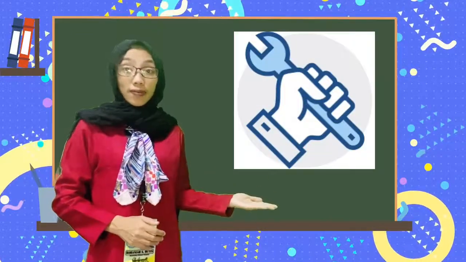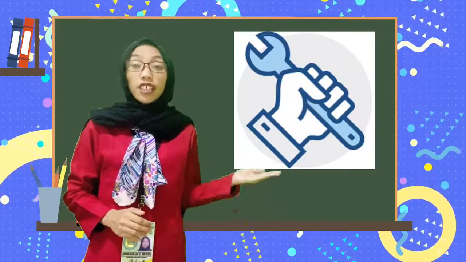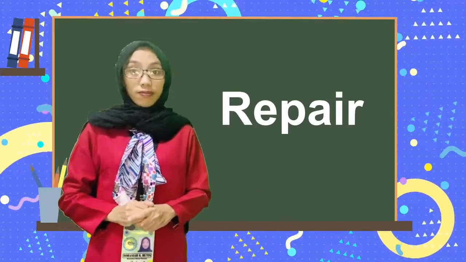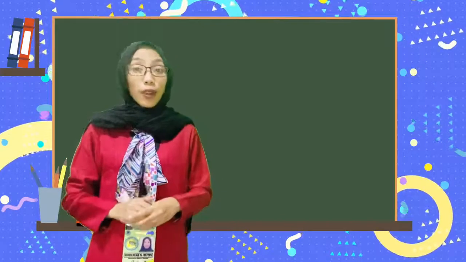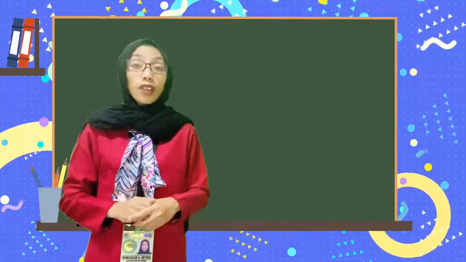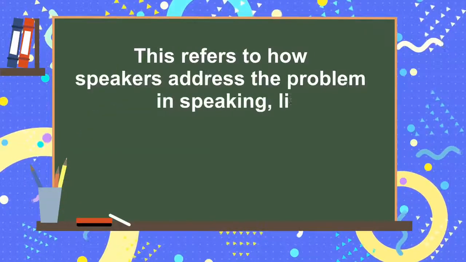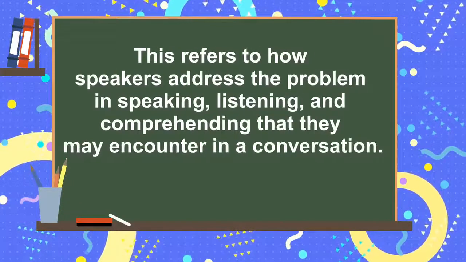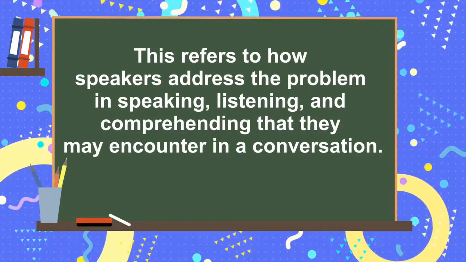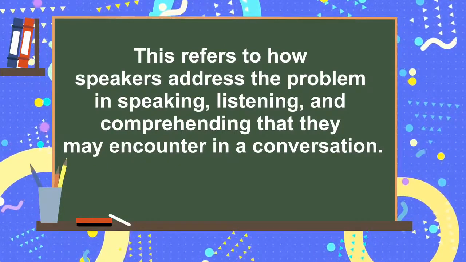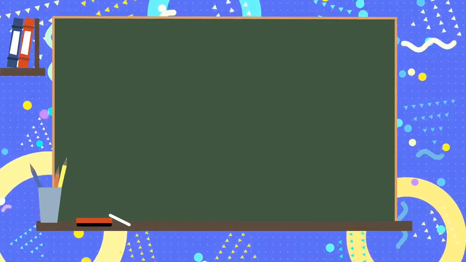Okay class, how do you describe this sign? Okay, very good. This sign expresses the sign of a repair, which is another type of communicative strategies. This refers to how speakers address the problems in speaking, listening, and comprehending that they may encounter in a conversation.